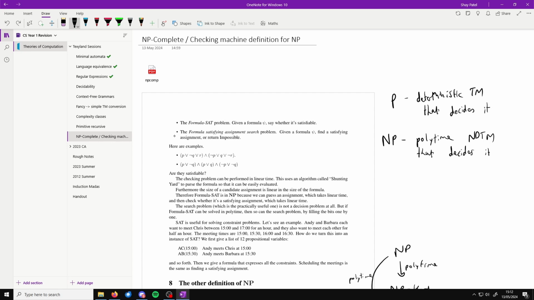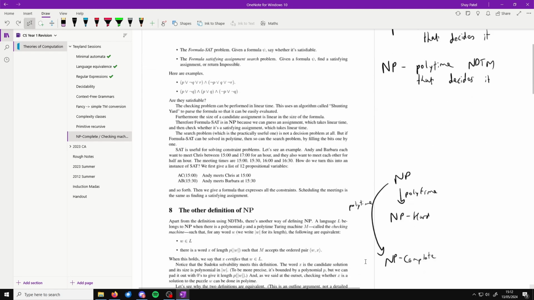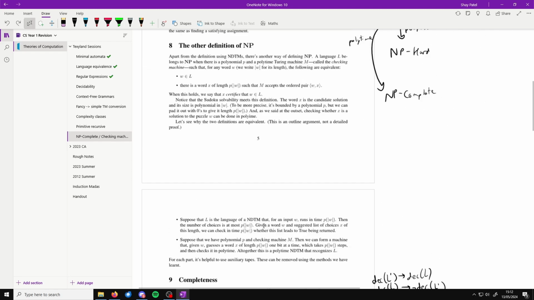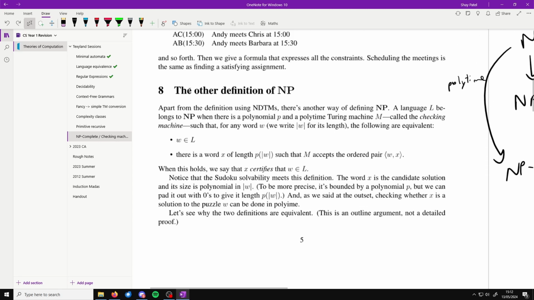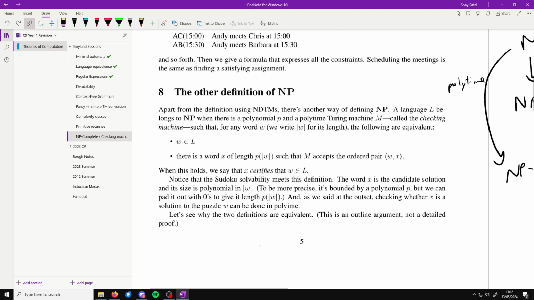No worries. So the idea of the checking machine definition is, I believe there's an example here. Okay, yeah. So apart from the definition using NDTMs, there's another way of defining NP. A language L must belong to NP when there's a polynomial P and a polytime Turing machine M called the checking machine, such that for any word W, this just represents its length, the following two are equivalent.